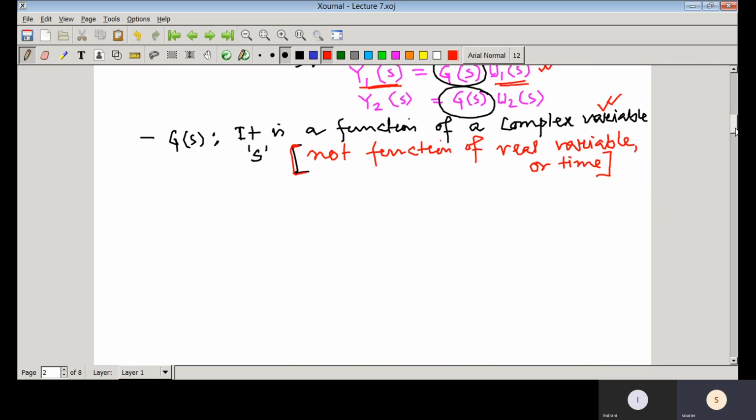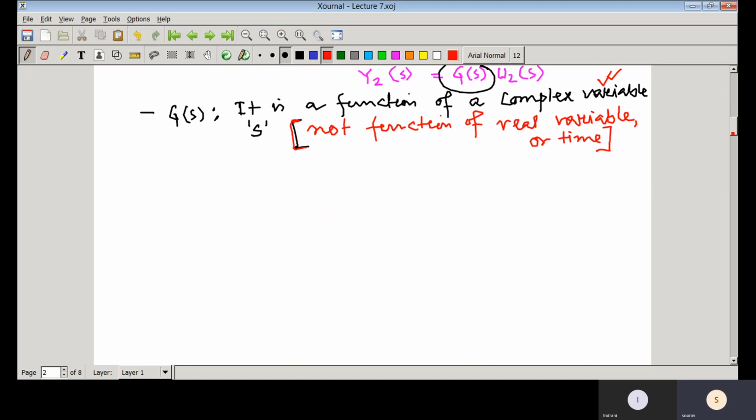So let us take one example. Whenever you have a dynamical system, we have already discussed these dynamical systems in the last class. So this has twice zeta omega n.